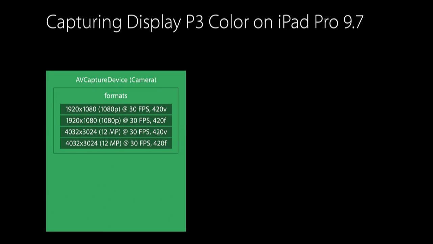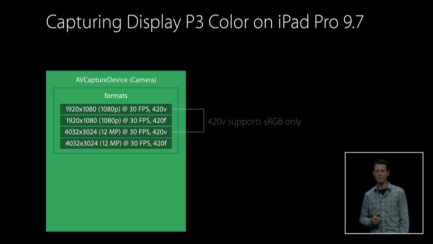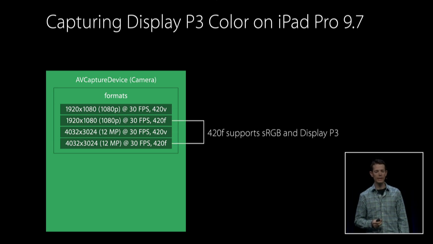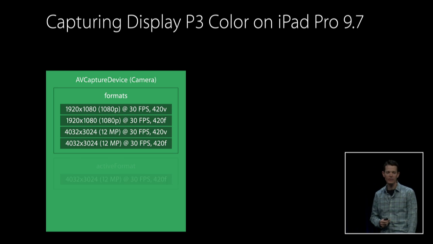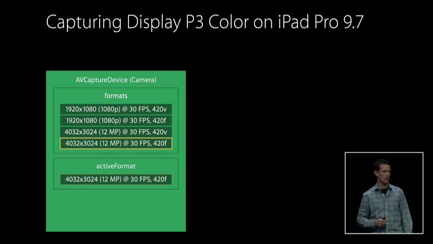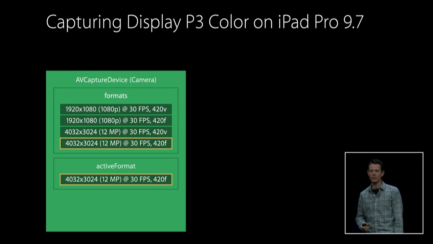On an iPad Pro 9.7, the 420V formats only support sRGB, but the full range 420F formats support either sRGB or display P3.